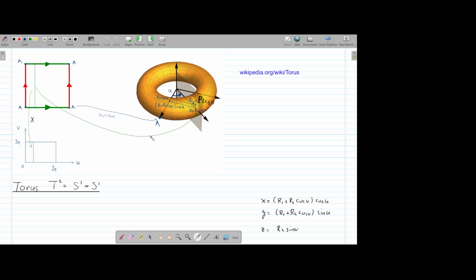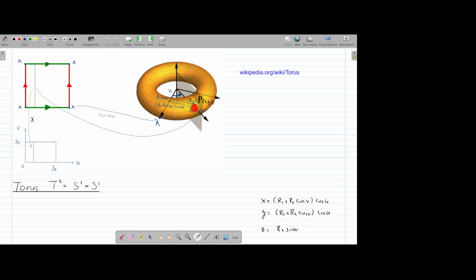So let's understand what happens when, let's say, U is constant. When U is constant, only V is changing, and we move around the circle on the donut. This is this circle that has a radius equal to R1. This circle here has a center at distance R2 from the origin, so that R1 plus R2 cosine V is the distance of the projection of the point P onto the xy plane from the origin.